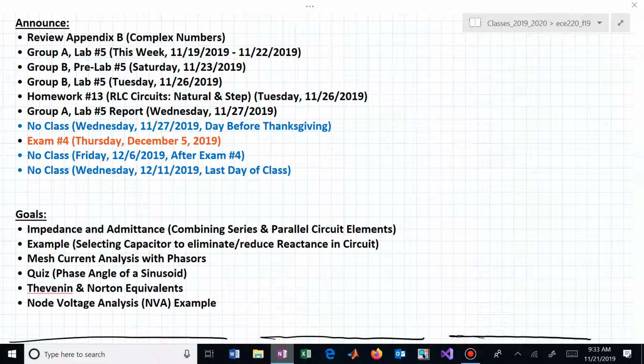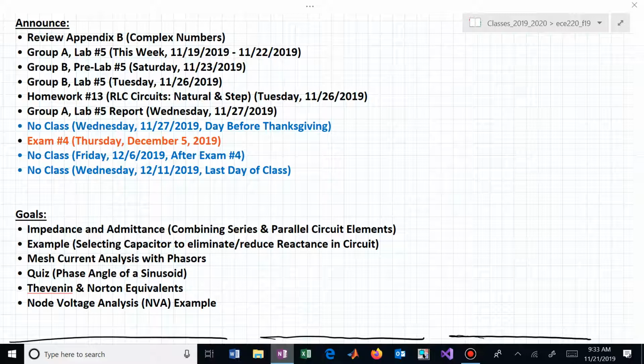And this is what you will do in the subsequent class. When you start doing power, you'll say, oh, I need to correct the power factor. We are doing that in this example by the selection of a capacitor. Hopefully I'll explain that more as we go through. And then we'll just start working problems.